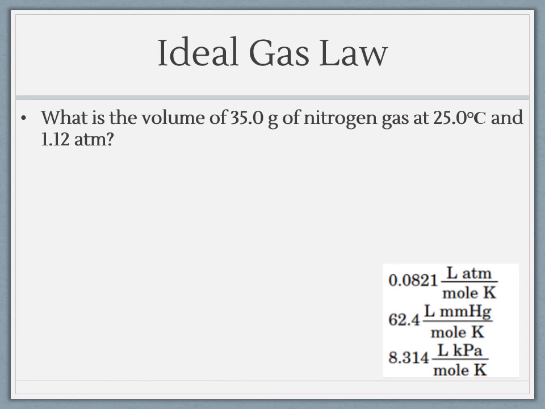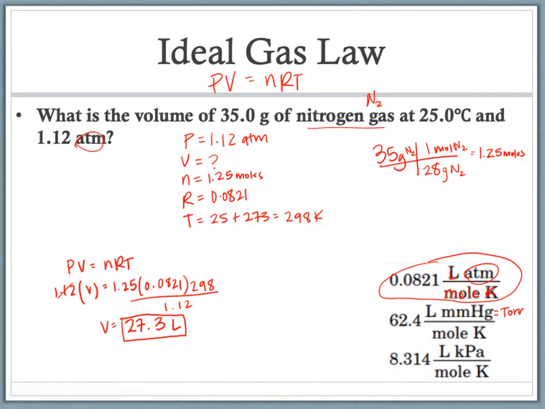Okay, hopefully, the first thing you noticed was that you have 35 grams, so you're going to have to convert that to moles. Nitrogen is diatomic, so it's N2. So 1 mole of nitrogen is 28 grams. That gives me 1.25 moles.